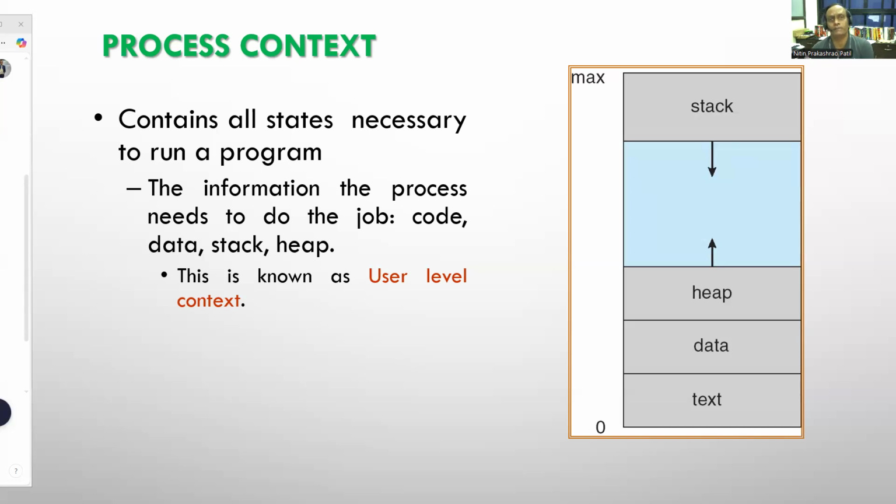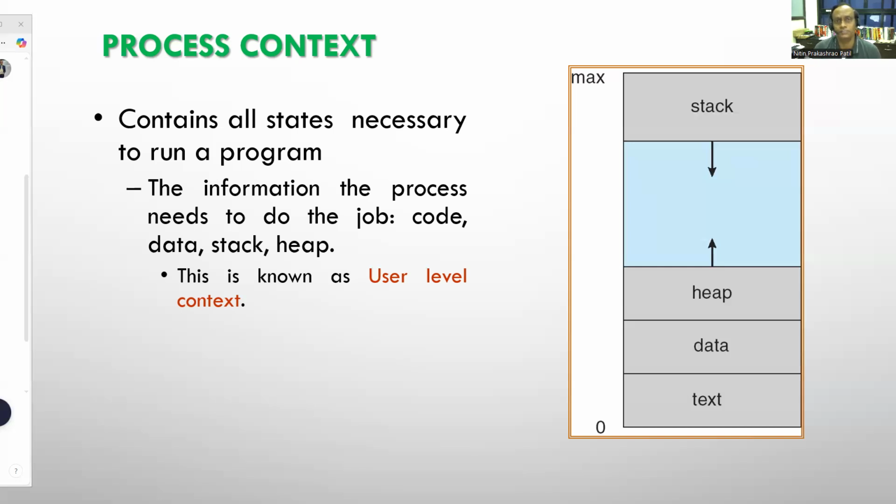This memory management information, which is added into the process context, mainly includes information about page tables, information about segment tables, and other memory related information if required. Further, it contains the states the process can be in. In general, the states for processes can be new, ready, running, waiting, terminated, and so on.